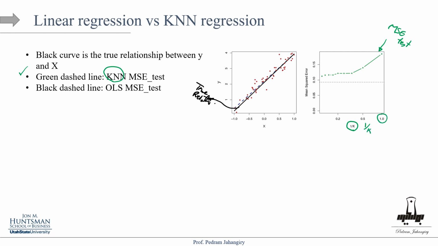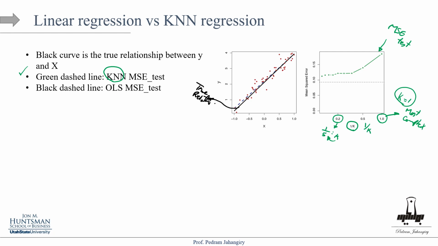So this is going to be the most complex model when k is equal to 1. And for example, k equal to 5 is 1 divided by 5, which is 0.2, and so on. So this is the most complex model. And the green dashed line is our MSE for the test set for different values of k.